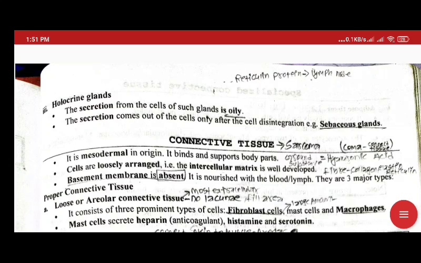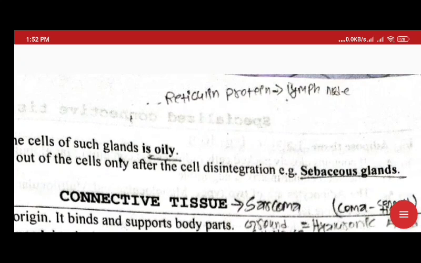Then in holocrine gland we have oily secretion found in skin. The example is sebaceous gland. In this gland, the whole cell gets destroyed.